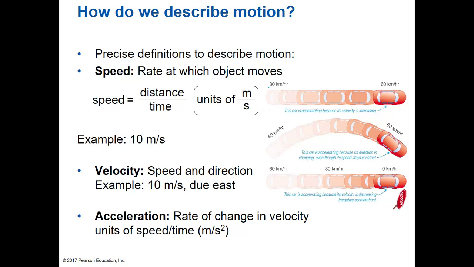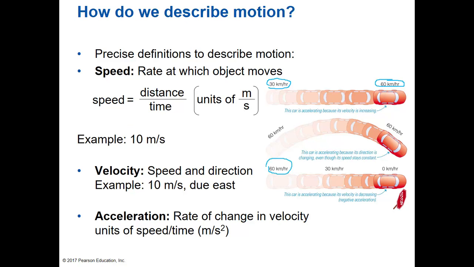This car started from 30 km per hour and now it is moving with 60 km per hour. That means the velocity is not the same. When the velocity changes with time, that means there must be some acceleration. In this case, the acceleration is positive. It is increasing with time.